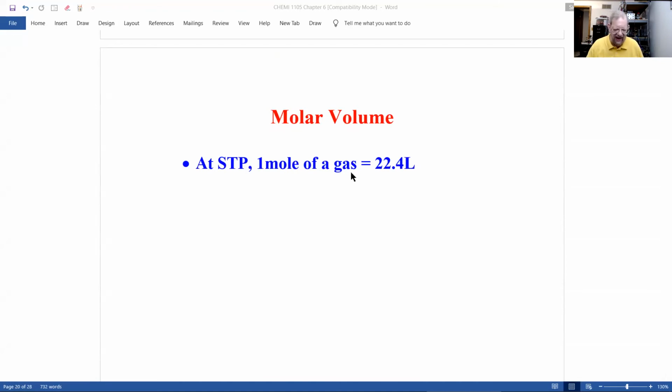And because of that, they were able to measure how many moles of things. Then they finally figured out how to do that for liquids and solids. But he was the first one, I believe, to come up with a relationship between a mole of something and a measurement, which is quite important.